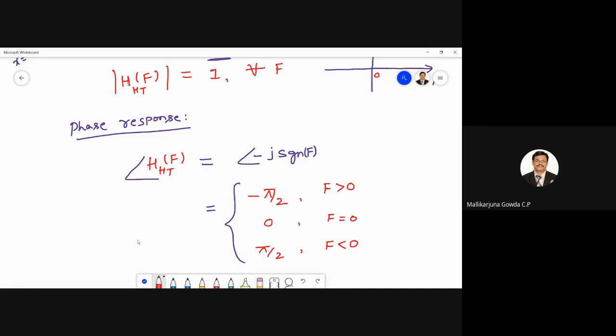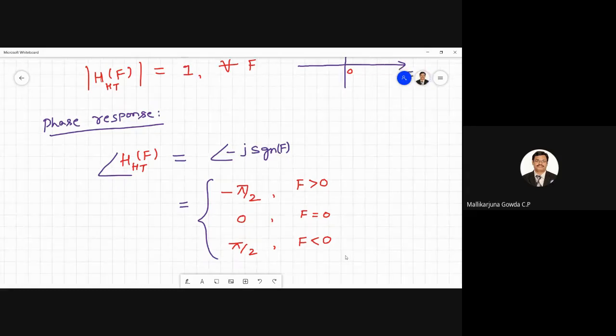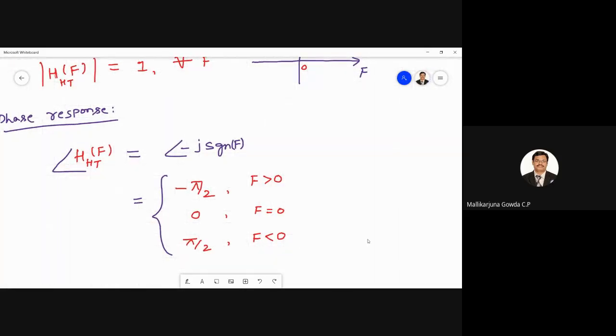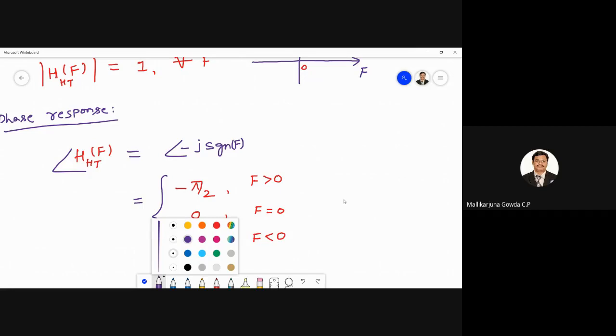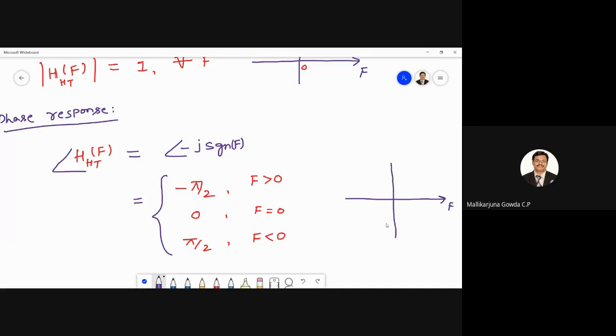Okay, so how do I represent this graphically? How do I represent this angle, phase response? Again, take this x-axis as your frequency. Then this is your y-axis, the phase angle, phase response, I say HT of f.